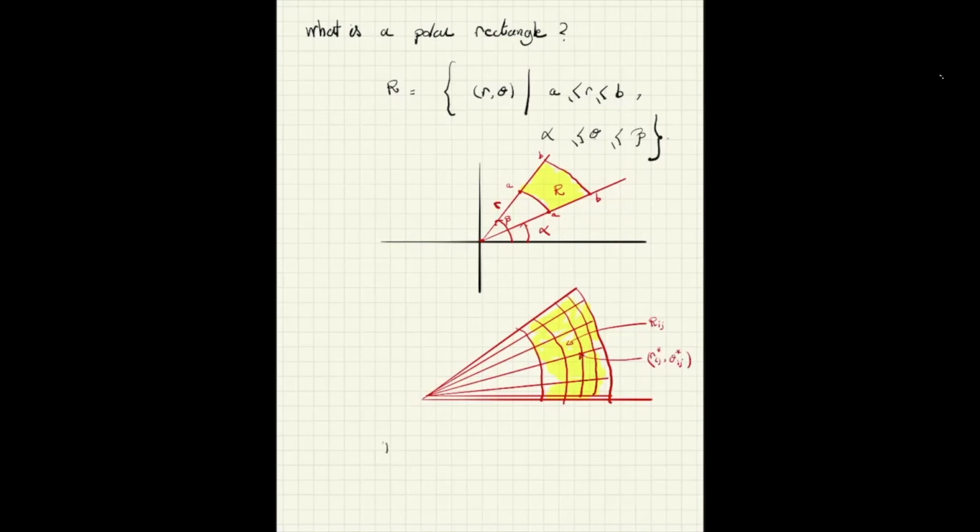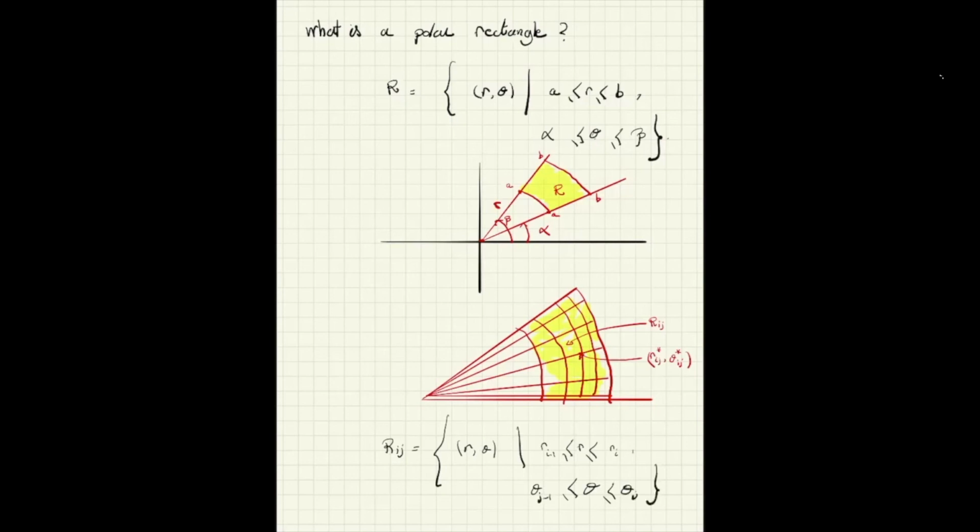The rectangle R_ij is given by the (r, theta) such that r is between r_{i-1} and r_i, and theta is between theta_{j-1} and theta_j.